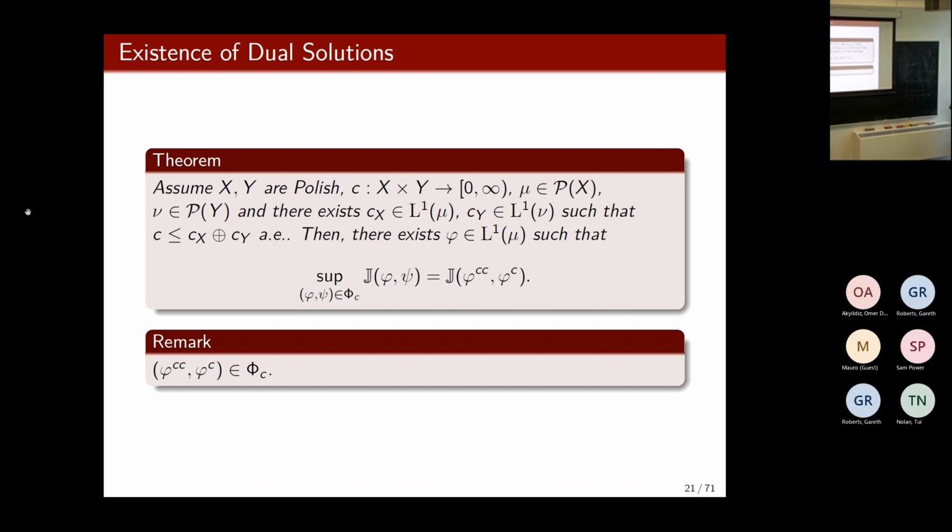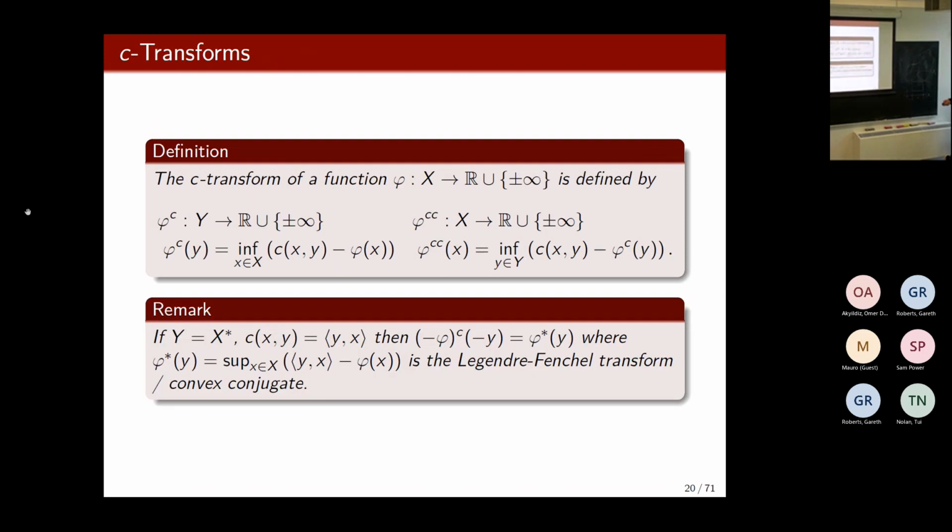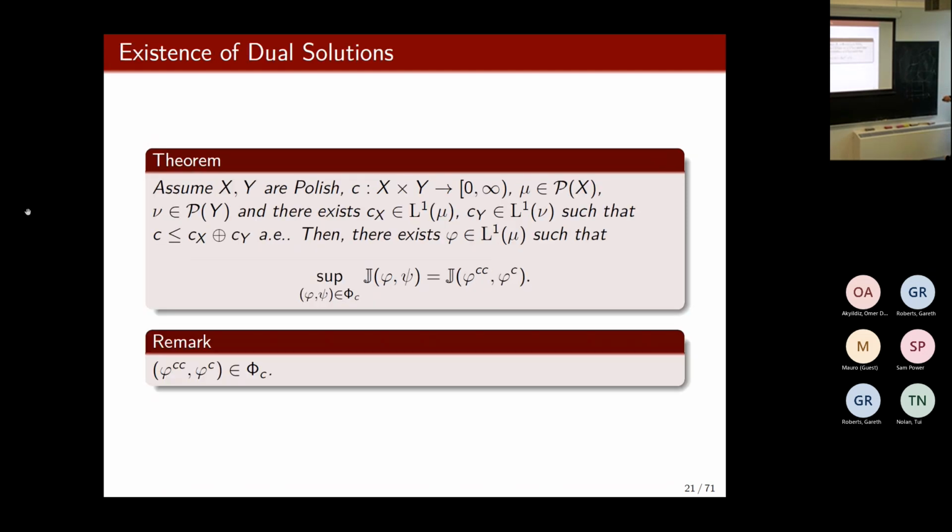Off the top of my head, I couldn't give you it, but essentially you go back to the remark here and translate the conditions for the convex conjugate back in terms of the C transforms.